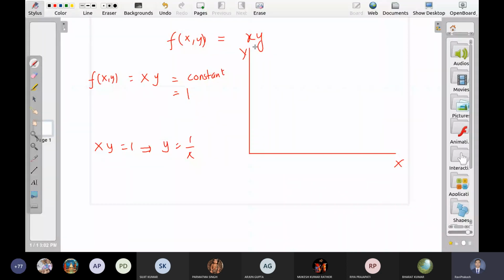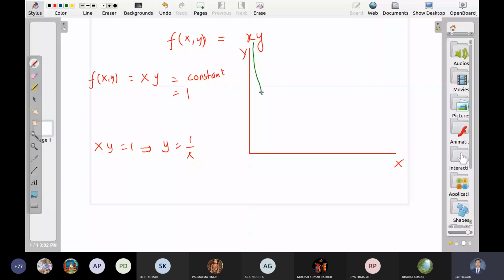As x approaches 0, y is infinity, and as x increases, y decreases. So the plot is like this.